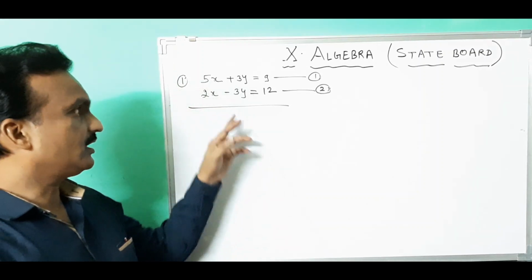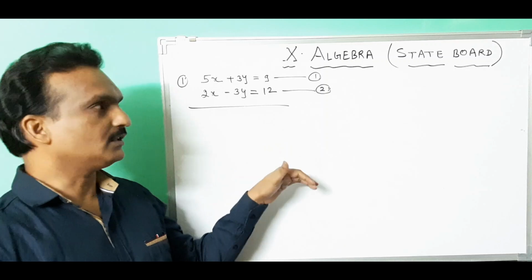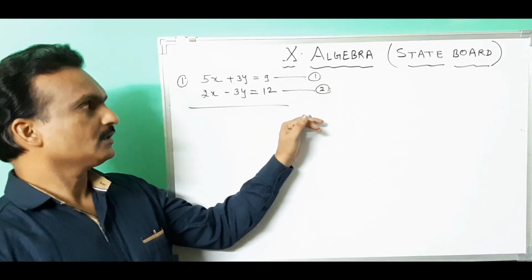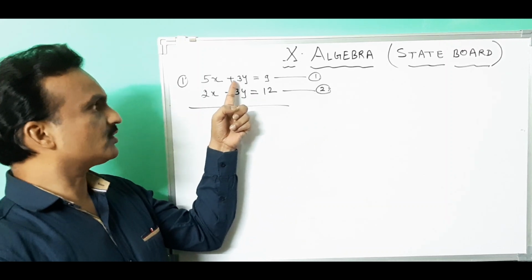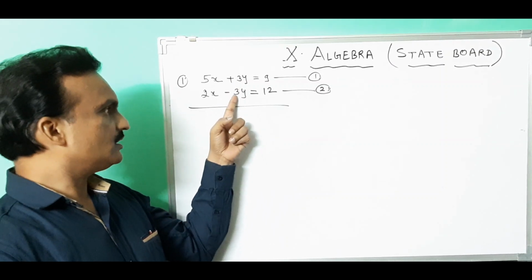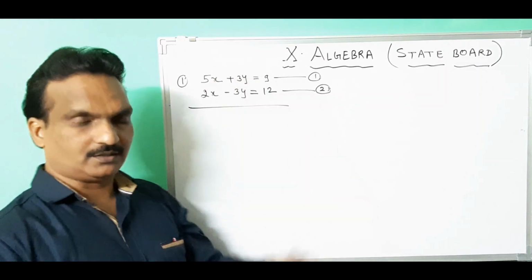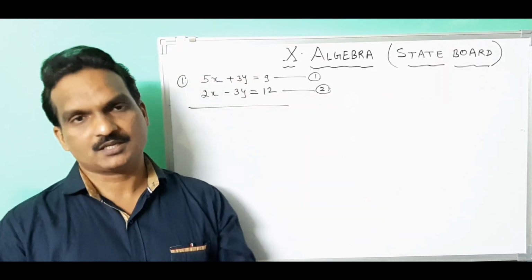Now, after getting the same coefficients, we will see whether we will add or subtract these two equations. The sign of this coefficient is plus and the sign of this coefficient is minus. So, signs are different. One is plus and another is minus.